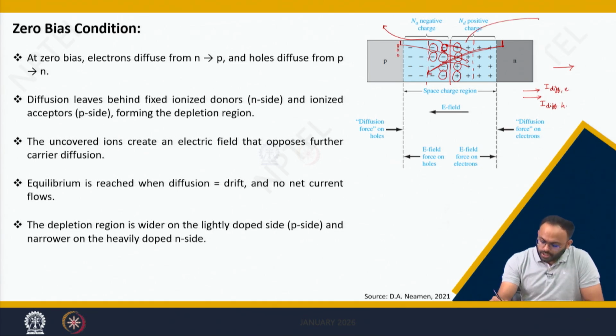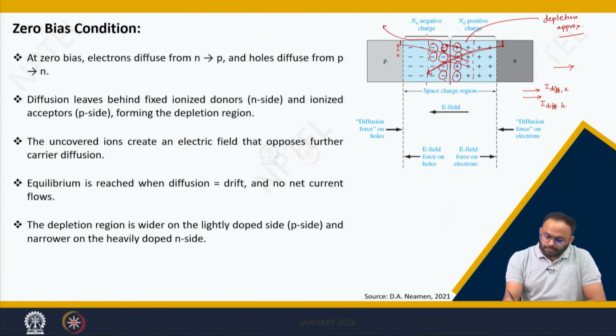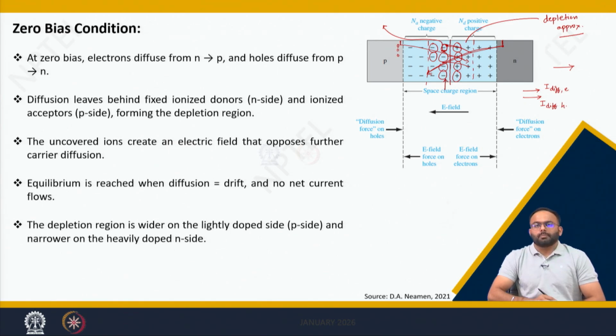This approximation is known as depletion approximation. We will develop our theory based on the depletion approximation, considering that there are no mobile charge carriers in the depletion region. Practically, there are a few mobile carriers in the depletion region which support the current.